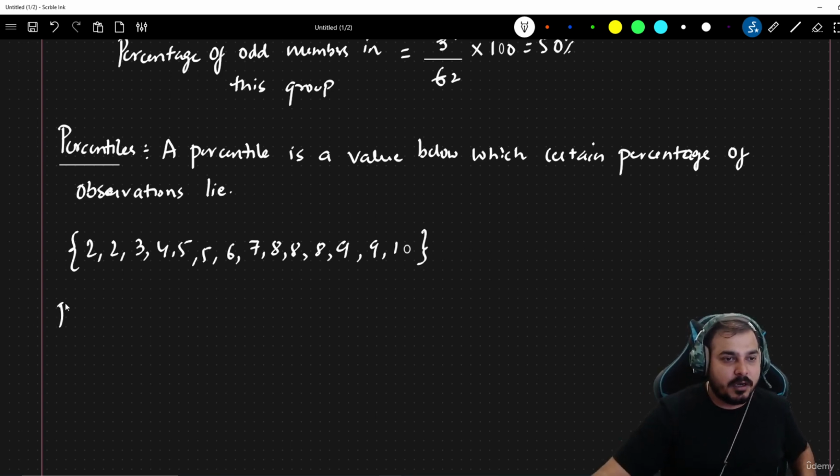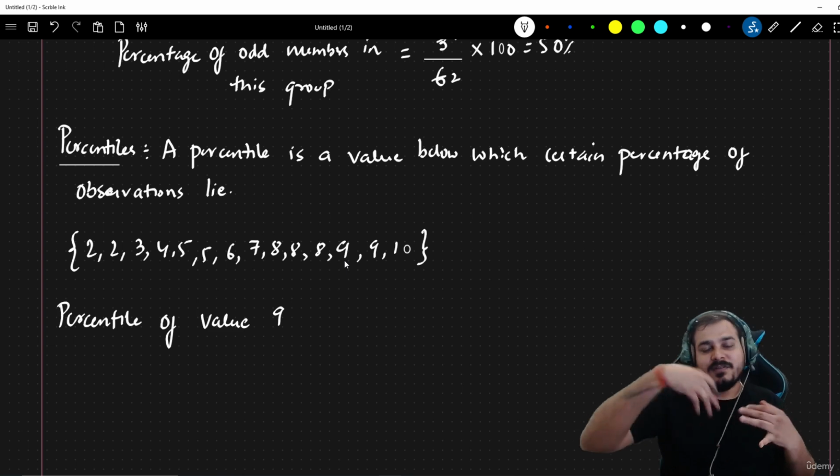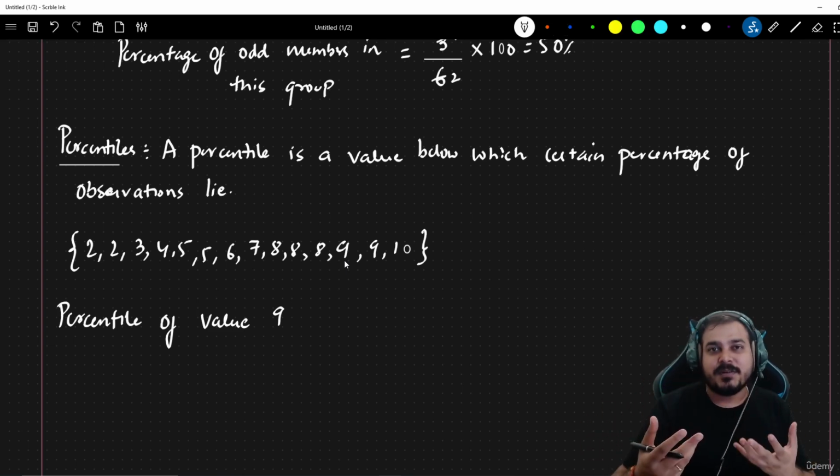Now, if I really want to find out what is the percentile of a value, let's pick up any value like 9. Okay. So let's consider this is 9. I want to find out what is the percentile of this specific value 9. Like whether it is 25 percentile, whether it is 50 percentile, whether it is 60 percentile.